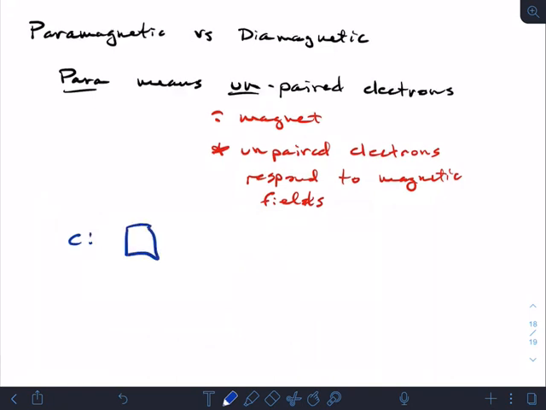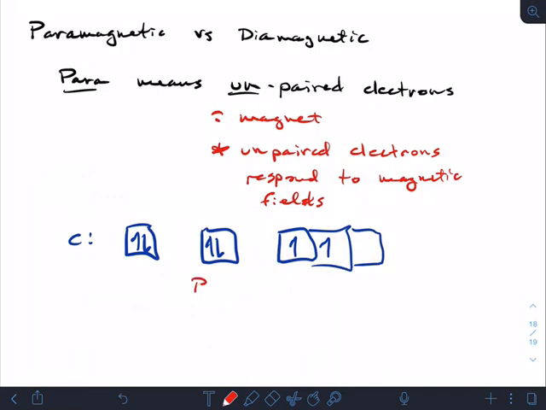For example, let's take a look at the electrons for carbon again, since we've done that for a bit. Don't try to fix my box. All right, so my electrons look like that.